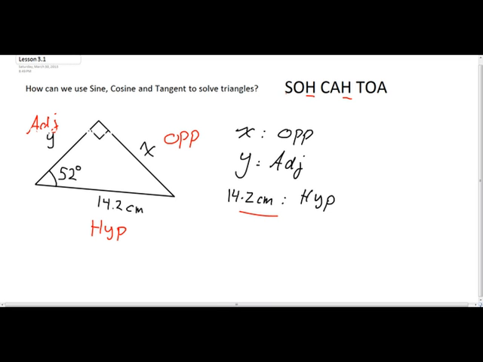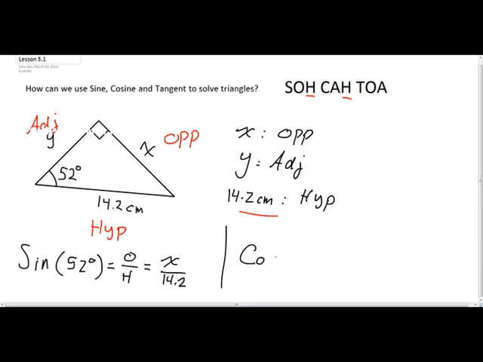Let's find out what the sine of 52 and the cos of 52 are. So bring up the black pen here. If I have the sine of 52 degrees, well, this is opposite over hypotenuse. So in this case, this is x over 14.2.